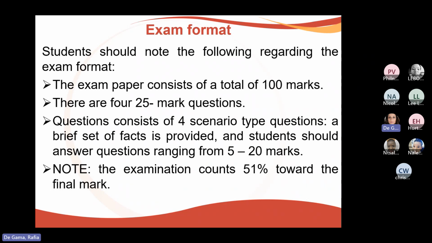To my mind, it makes it a lot easier once you have an actual set of facts to focus your attention and find the right legal materials and the right legal solutions. And remember, even though it's out of 100 marks, the weight itself is 51% towards your final mark. I'm going to stop here again.